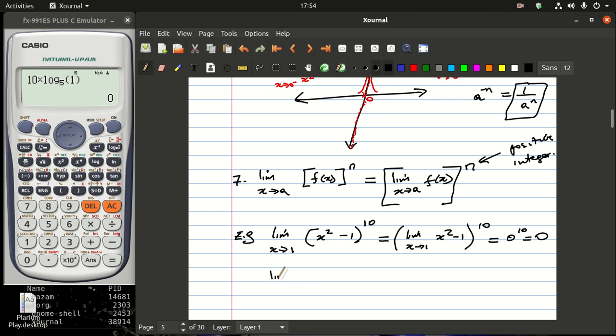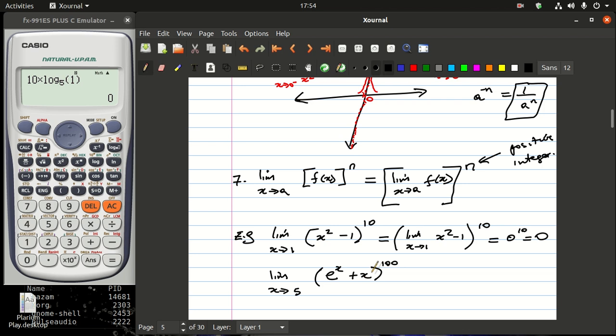Another example: the limit as x approaches, no, let me not use 0, let me just use 5, of e raised to the power x plus x, all raised to maybe 100.